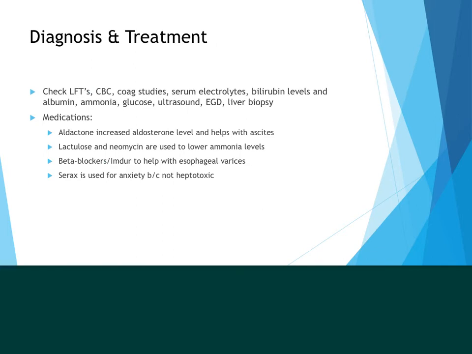As far as diagnostics go, obviously you want to do the liver function test, a CBC, see if they are anemic, coag studies, are they at risk for clotting, your electrolytes, bili levels. Your ammonia level will tell you if it's elevated, if they're developing hepatic encephalopathy.